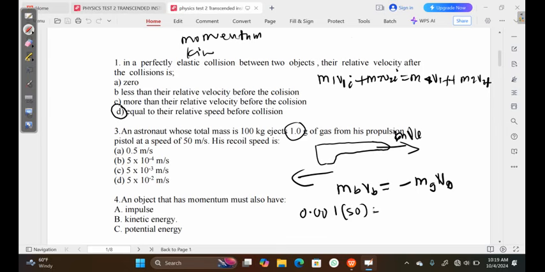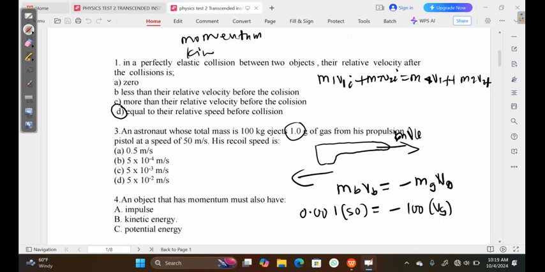Then here negative, the mass of the gun, which is the mass of the astronaut, which is 100. Then the velocity, I don't know, it's the one I want to find. So you say 0.001 times 50, I'm getting 0.05. Divide this by 100.